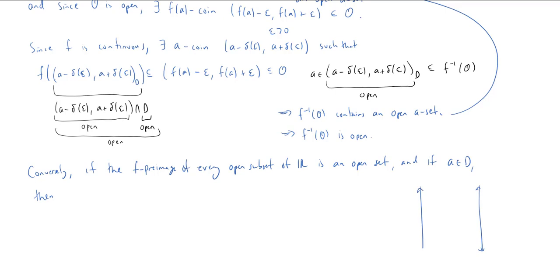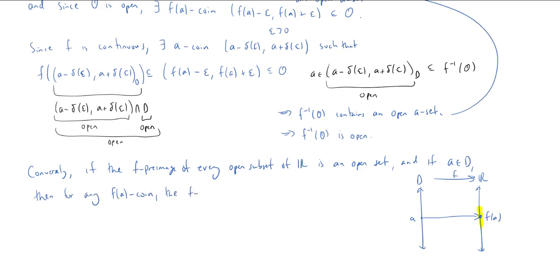We have D, we have R, there's our function f. Here is some point a in D. I apply f, I get f of a, and now I write down an f of a coin.